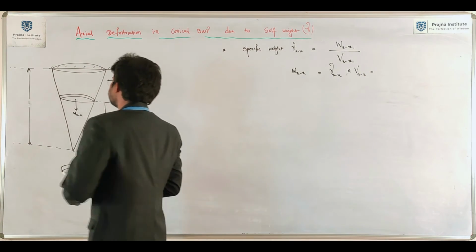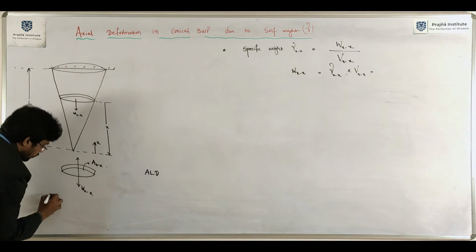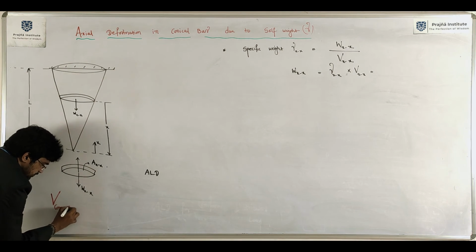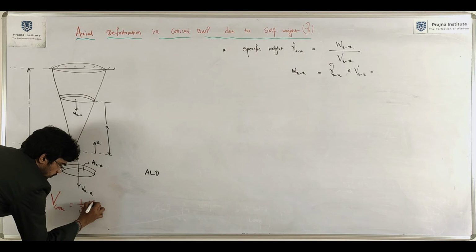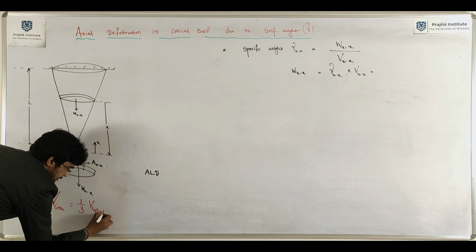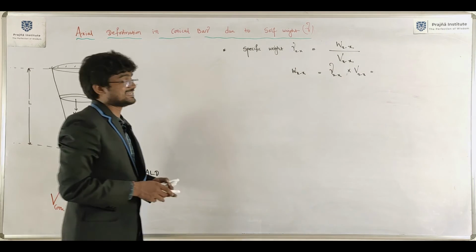We know that the volume of a cone equals 1/3 of the volume of the cylinder.